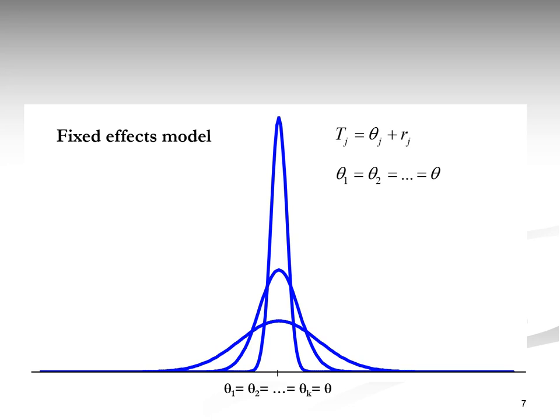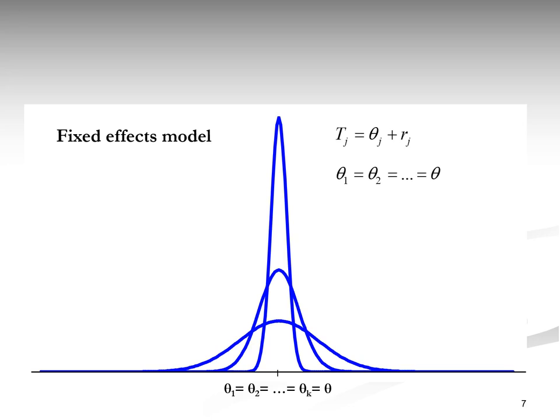For a large study, the sampling variance is small, and so we have a small sampling distribution. For a small study, the sampling variance is large, so we have a large sampling distribution. But in the fixed effects model, we assume that all means of these sampling distributions are equal to each other, they are equal to the common population effect size.